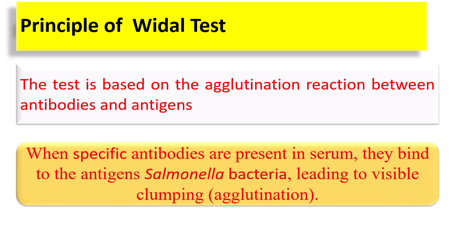When specific antibodies are present in serum, they bind to the antigens of Salmonella bacteria, leading to visible clumping.